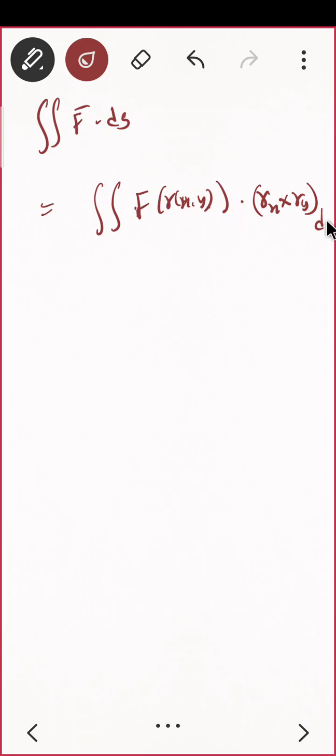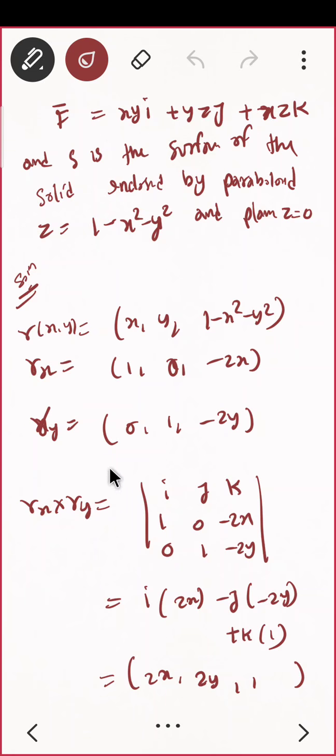It will be dS; in our case it should be dx dy, so let me just write dS first and later on change it. So what will be F of r of xy? So r of xy is x, y, 1 minus x square minus y square. You just need to put it in the function. Do you see? xy, yz, xz. Just put it in the function and see what comes.